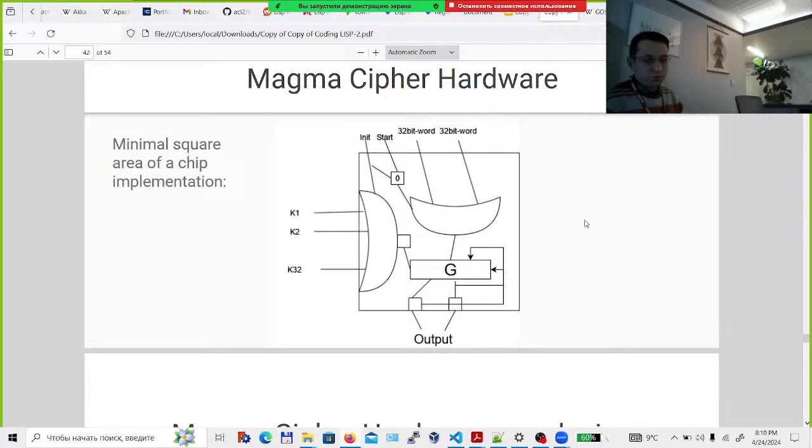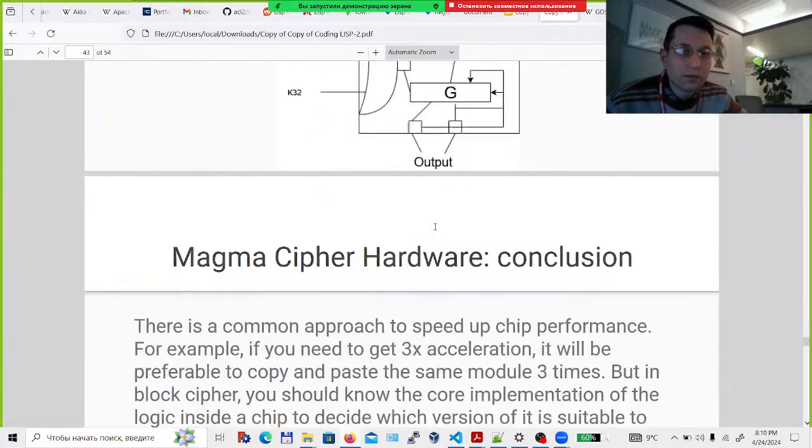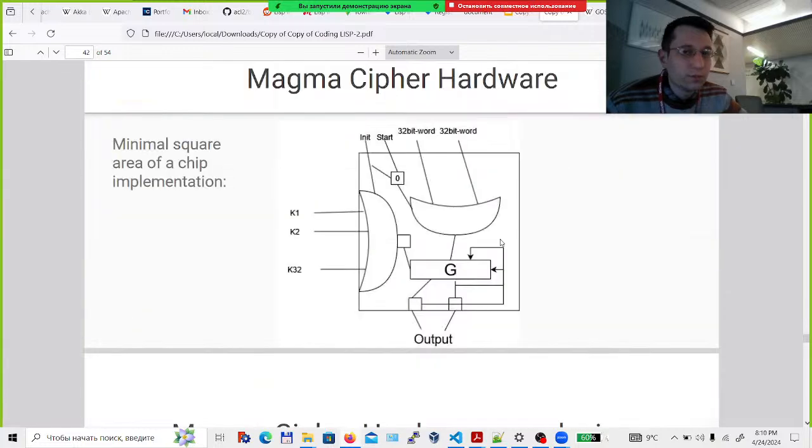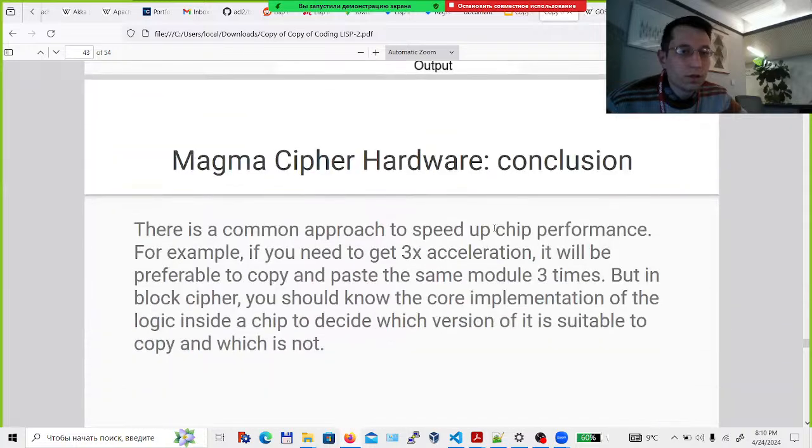So, about performance of hardware using this schema, I think it would be a mistake to just copy and paste this component. There is a common approach to speed up chip performance. For example, if you need 3x acceleration in your computation, it is preferable to just copy and paste the same model 3 times.